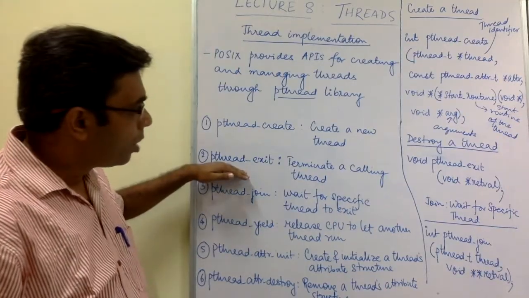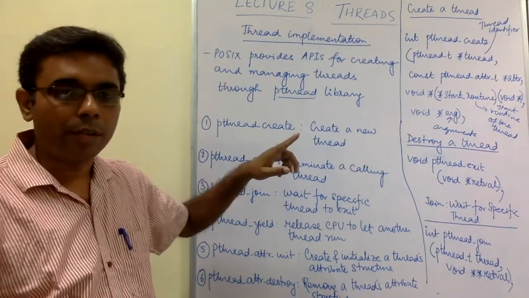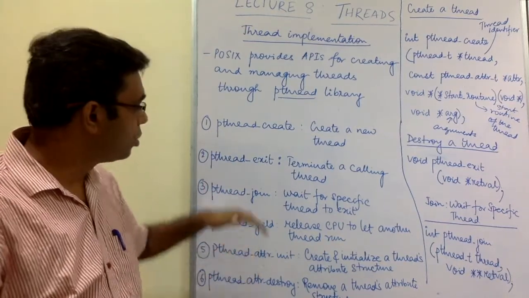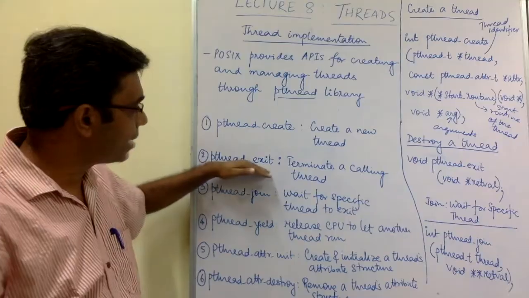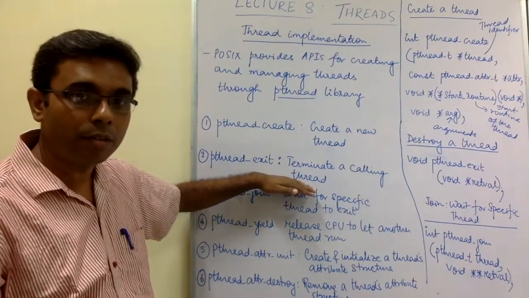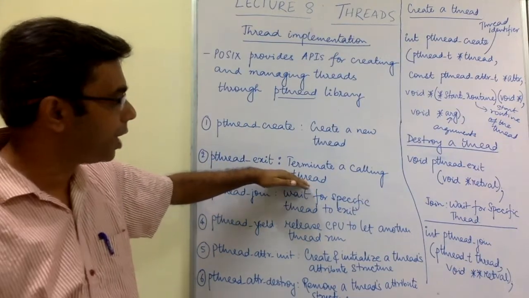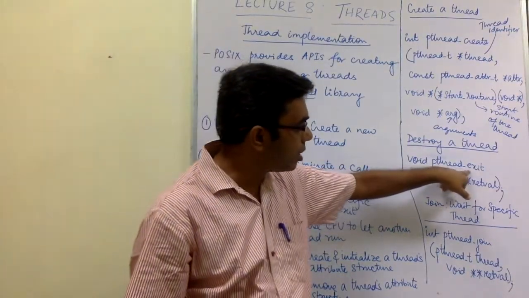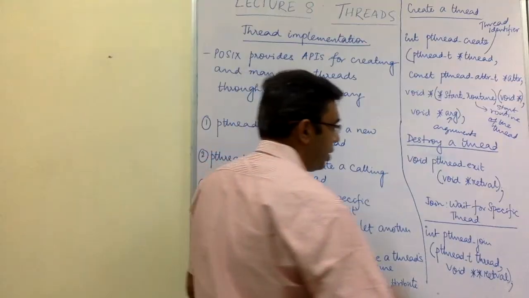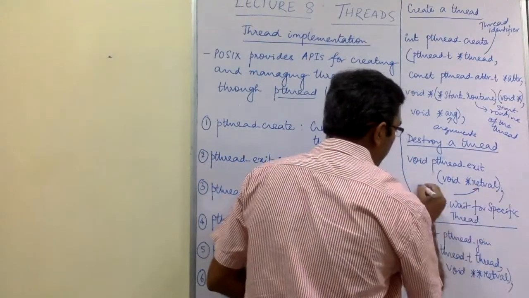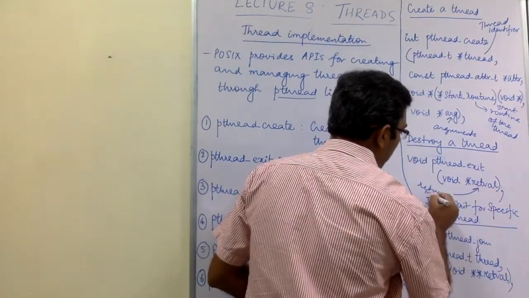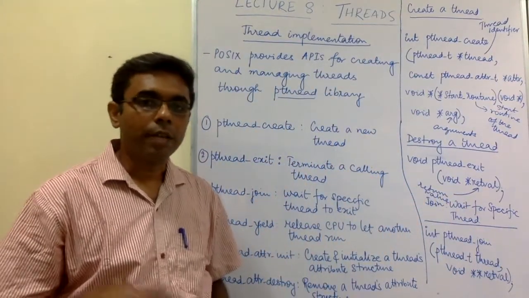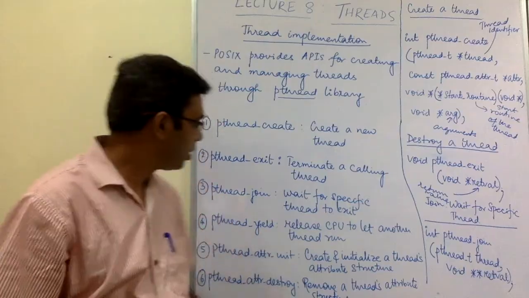Next is to destroy a thread. Whenever you would like a thread to terminate, you would use pthread_exit. This terminates the calling thread, the thread which has been created. You pass the return value, and that would terminate the thread.